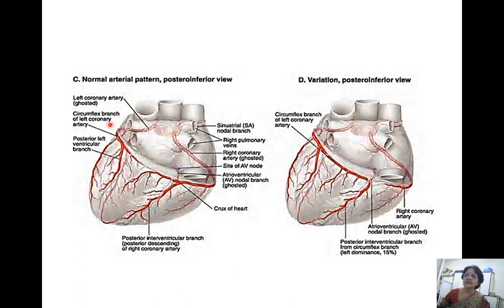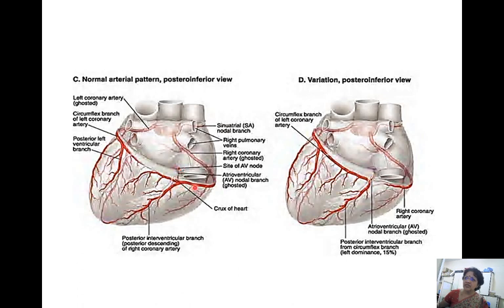So all of these are named: left coronary, posterior left, SA nodal branch. This was the left coronary. This was the right coronary. From the right coronary, the SA nodal branch. And the site of the AV node is here, just above this groove, hardly half an inch above the groove.